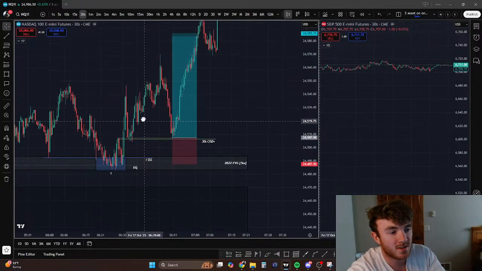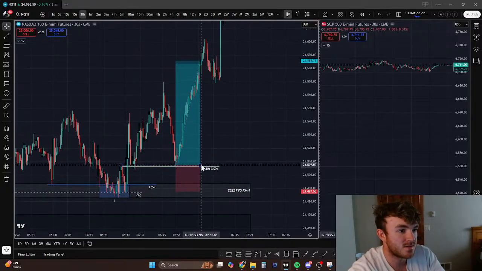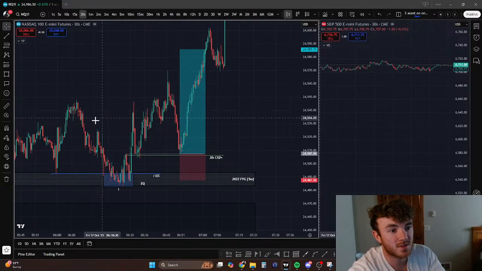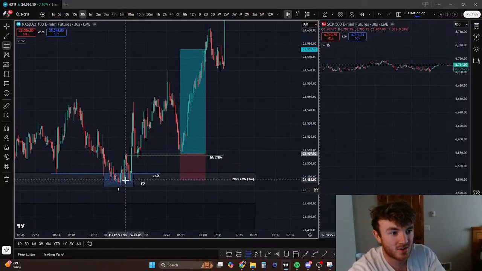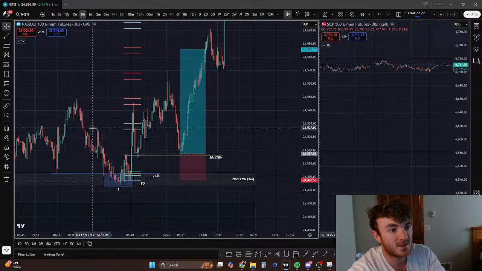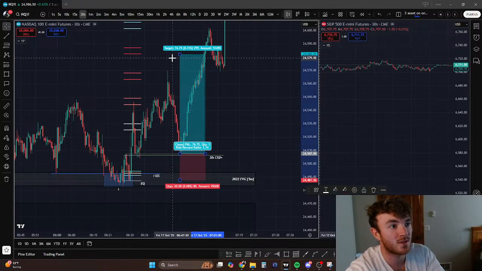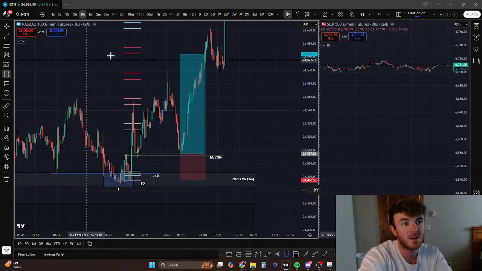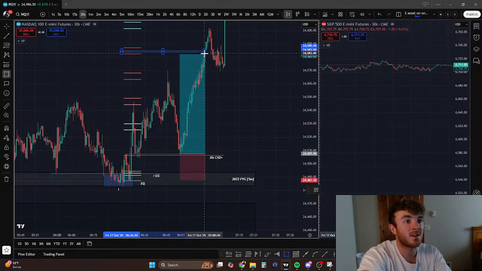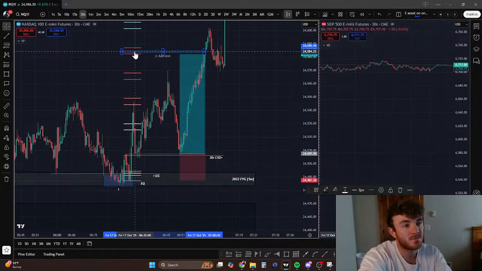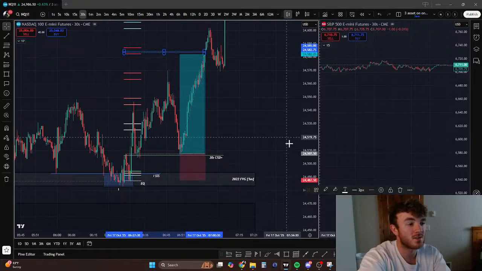Just kind of depends on the context. I probably prefer close because I don't like a lot of drawdown on my trade, and obviously you can get in on a good retest too, but I don't know. If you take the close, a lot of the time you don't have to deal with drawdown, and I do like that. And then you can go break even pretty fast.